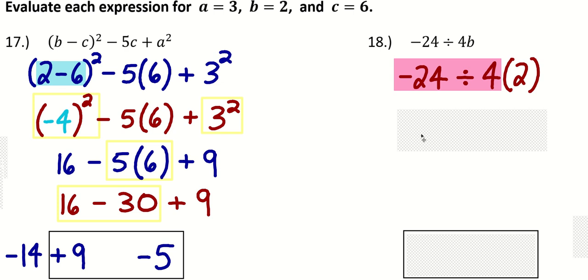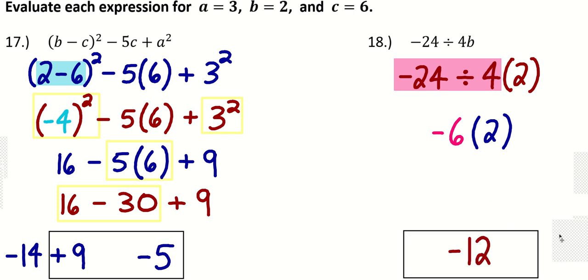To break the tie of which one you actually do first, what really matters is what comes first from left to right. So you have to do the division first to get negative 6, then multiply by 2. So the final answer here should be negative 12.